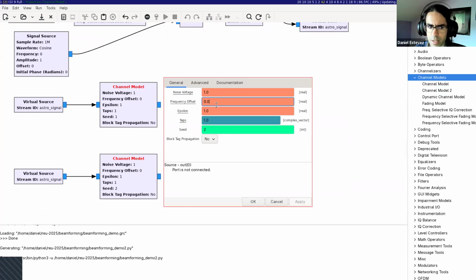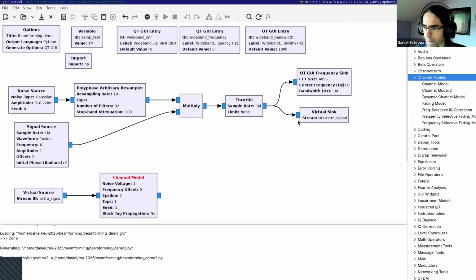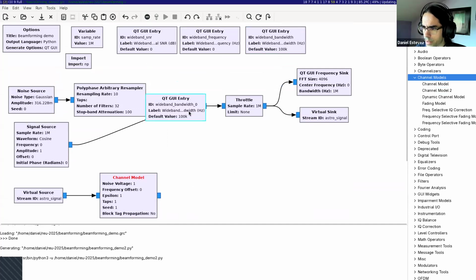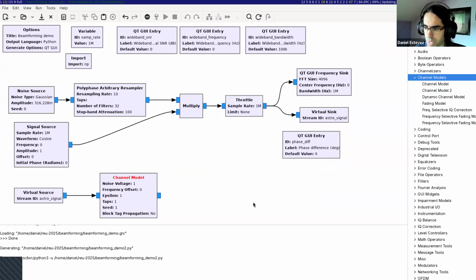But now let's think of the formulas we need in here. And to do that, I actually need some entries to define the parameters I'm going to use. So I'm going to put them maybe here. It's a good place. So phase difference. In general, there is going to be a phase difference between the two receivers because the antennas are not in the same place, and we are going to enter it manually.